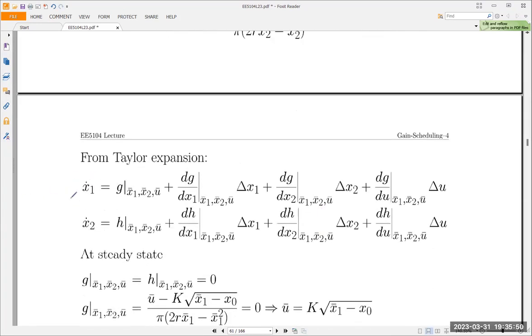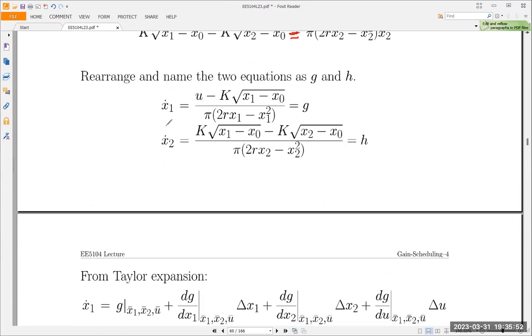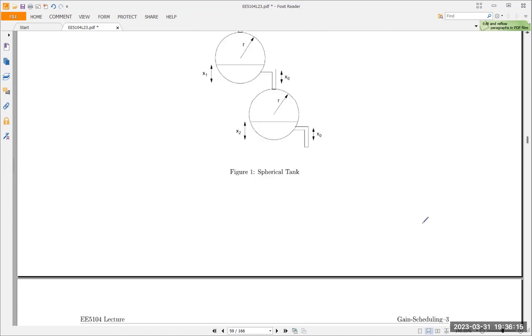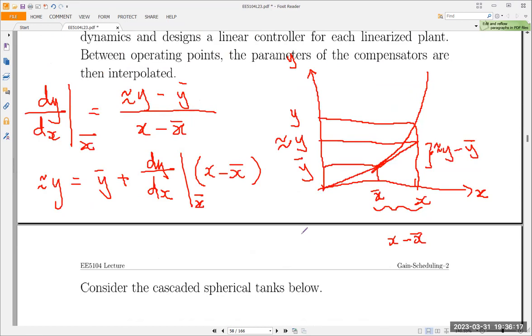The nu, which means the new one here, the new G is equals to the OG plus dg dx1 times delta x1, dg dx2 times delta x2, dg du times delta u. If you look at this, you will see it's the same.